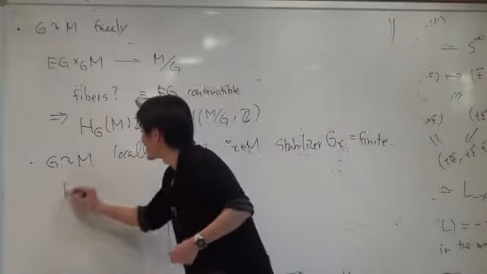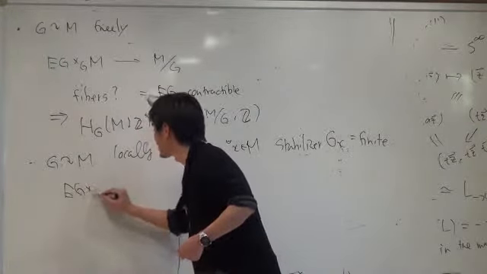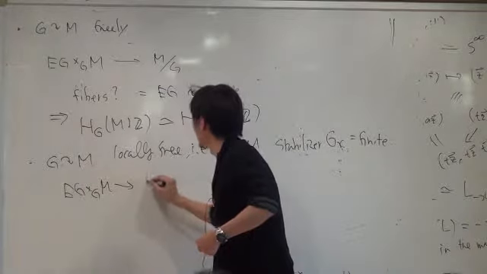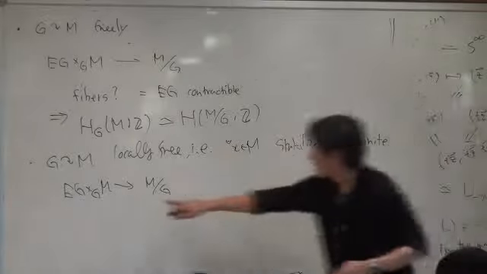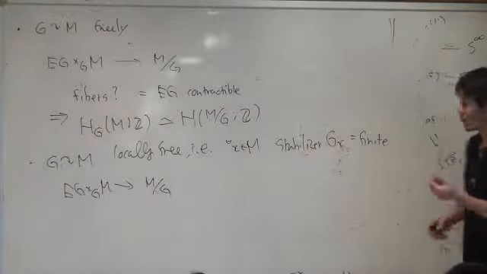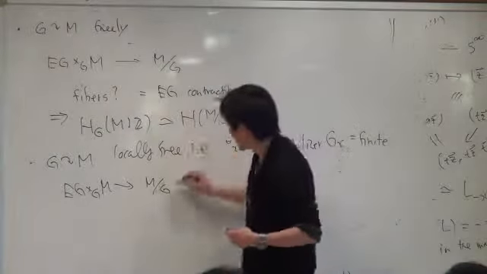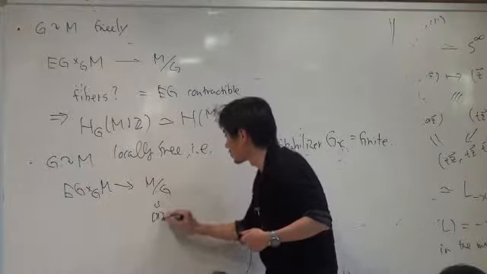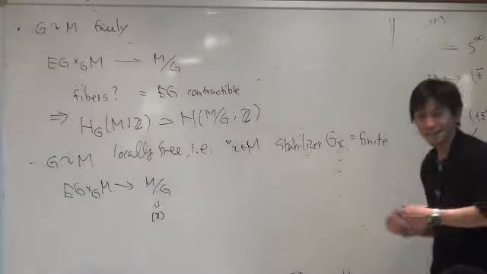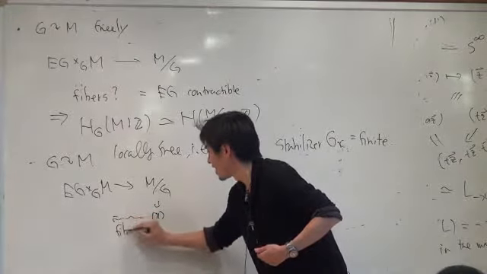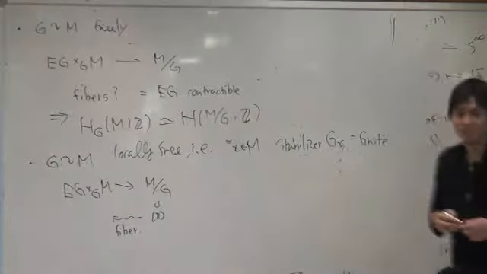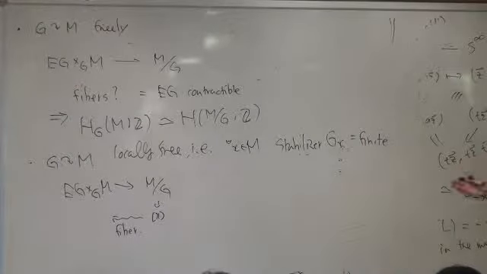In this case, let's look at the projection map. Now G doesn't act on M freely. If you look at a point in the quotient space and look at the fiber, how does it look? There is a stabilizer.